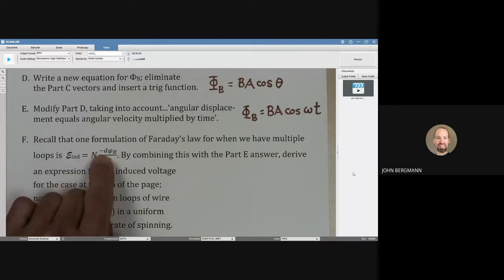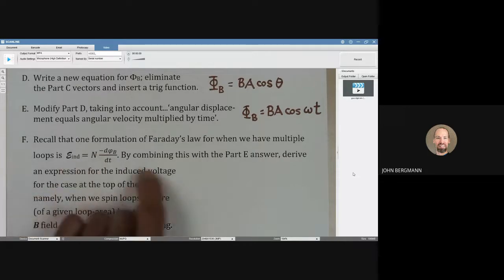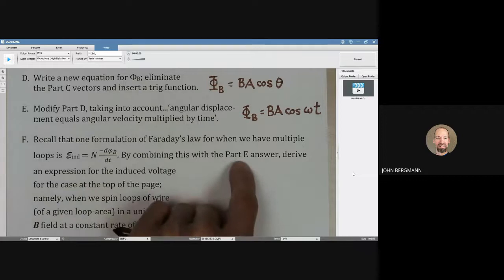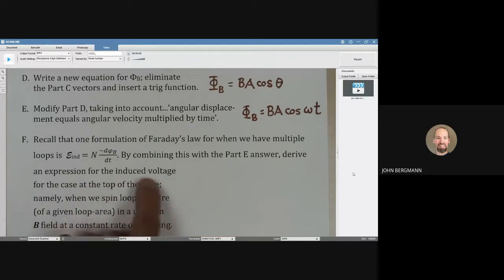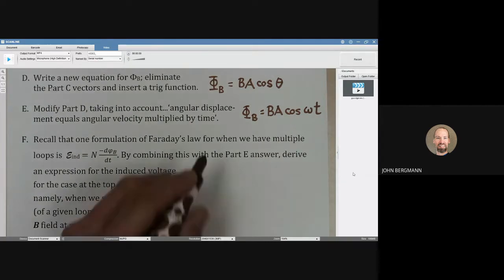The negative sign, you remember, is essentially Lenz's law, which tells us the direction of this induced EMF. By combining this with the part E answer, derive an expression for the induced voltage for the case at the top of the page, namely when we spin loops of wire of a given loop area in a uniform magnetic field at a constant rate of spinning.